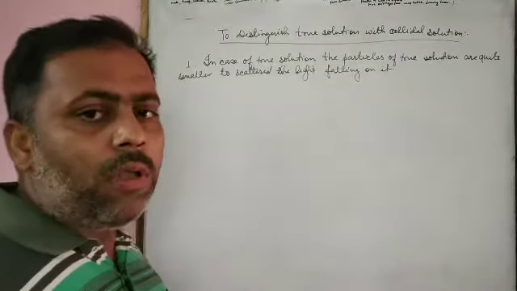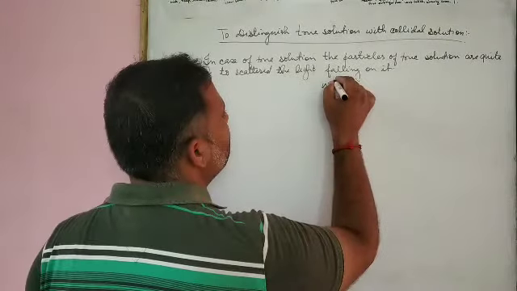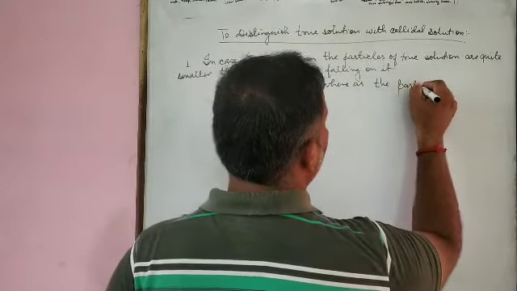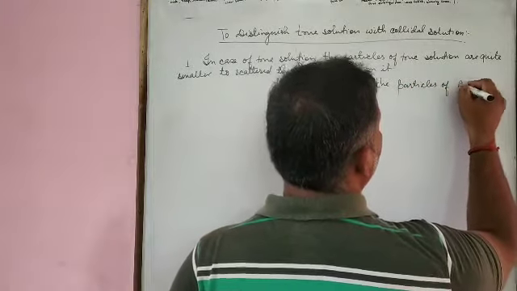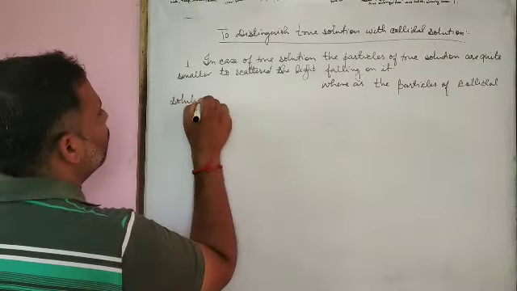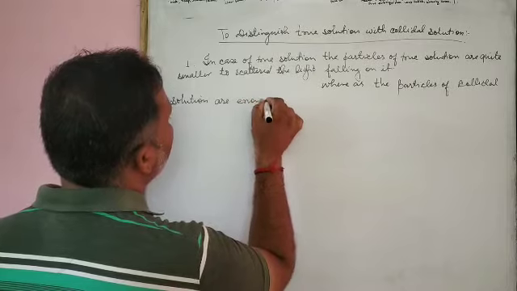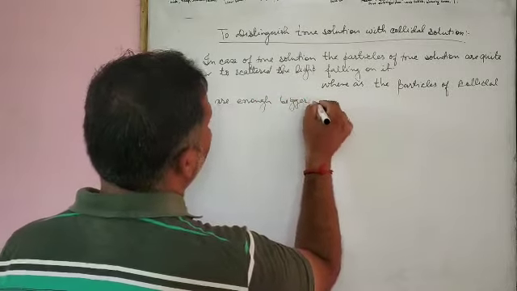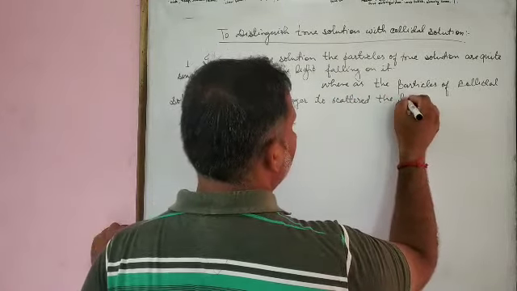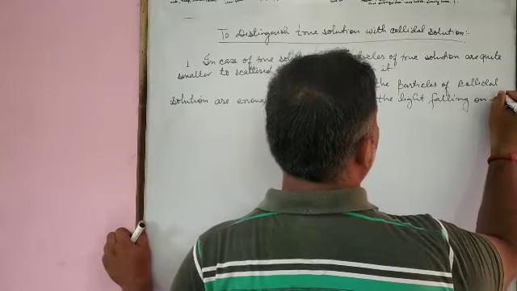It means the particles of the true solution do not scatter the light, whereas the particles of colloidal solution are big enough to scatter the light falling on it.